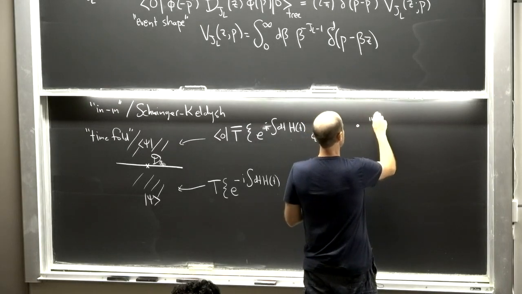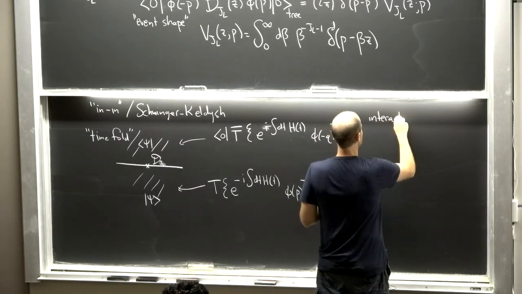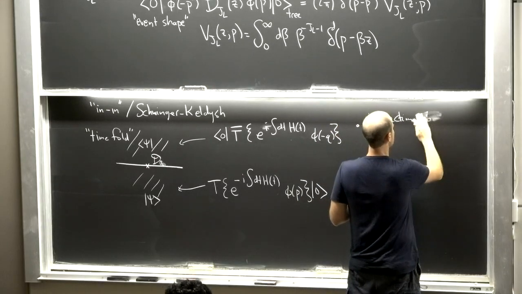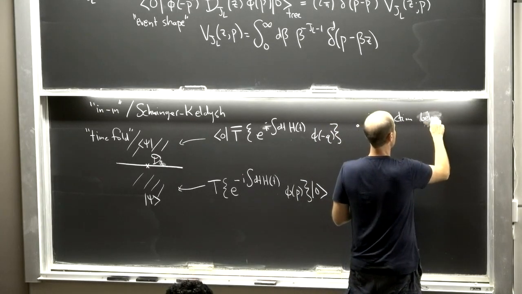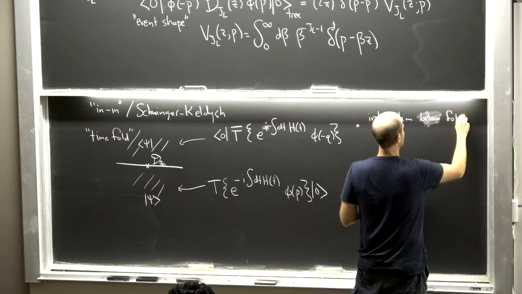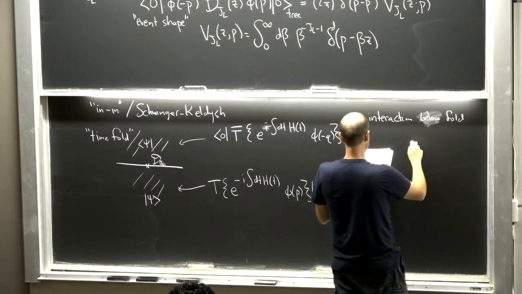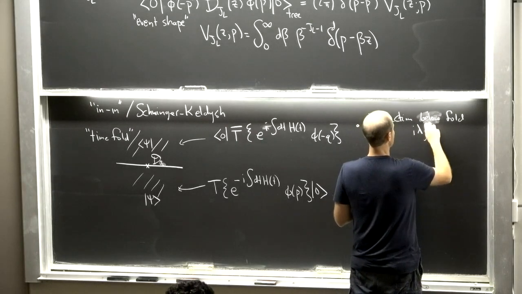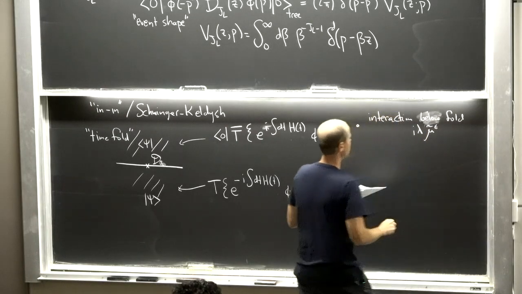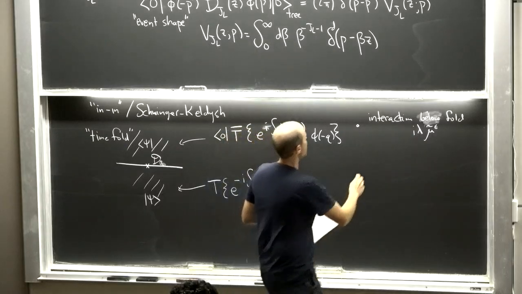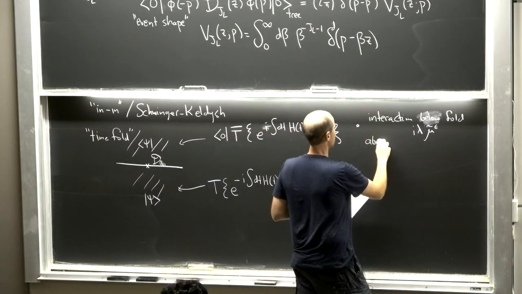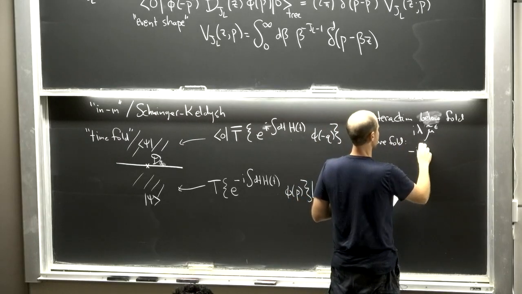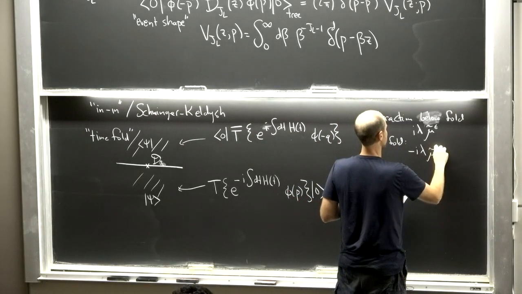So an interaction below the fold gets the usual factor i times lambda, and then if we're doing dimensional regularization, mu tilde to the epsilon. And then above the fold, we get the complex conjugate of this, minus i lambda mu tilde to the epsilon.